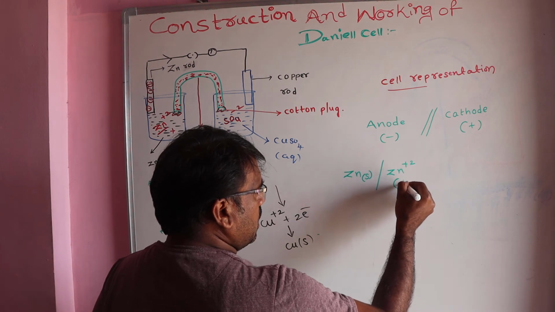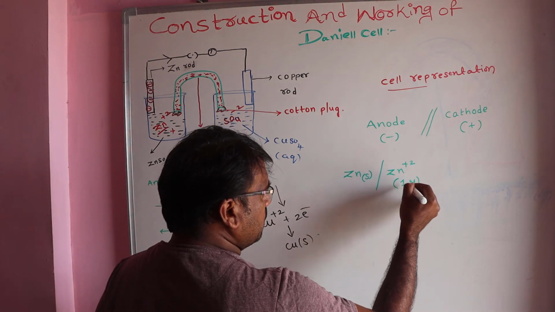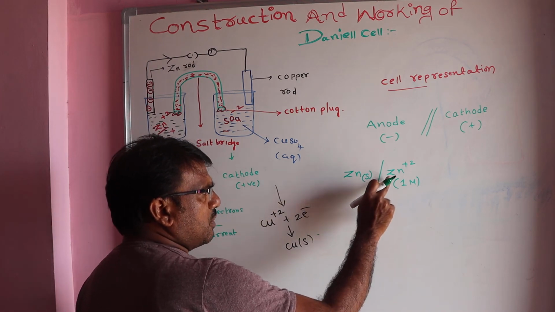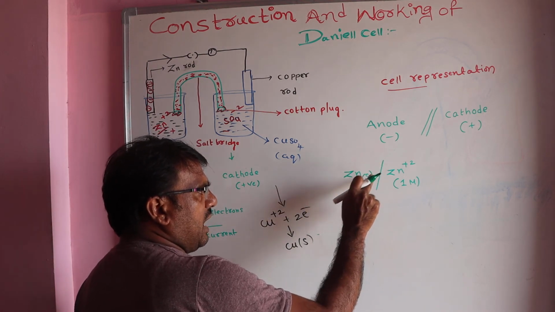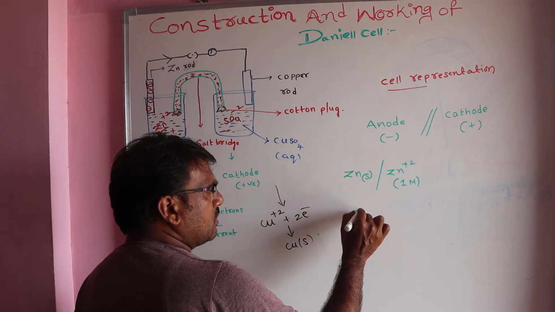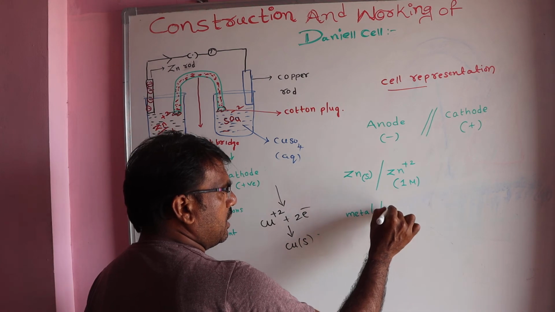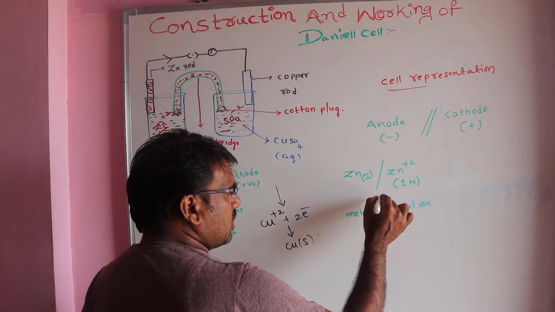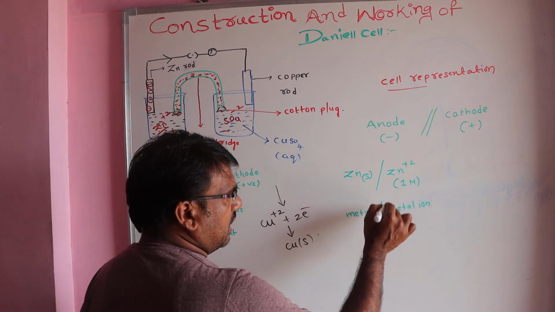If we know the concentration, we should keep the concentration within brackets. This is the metal and this is the metal ion, and both are separated with the help of a vertical line.